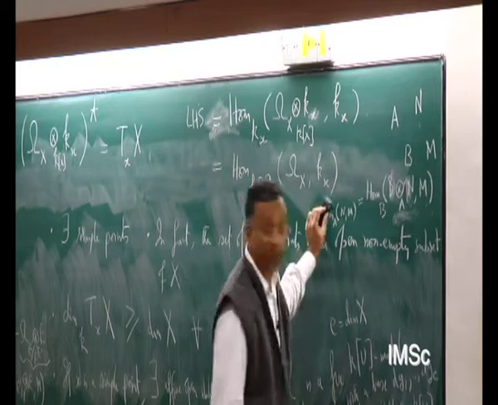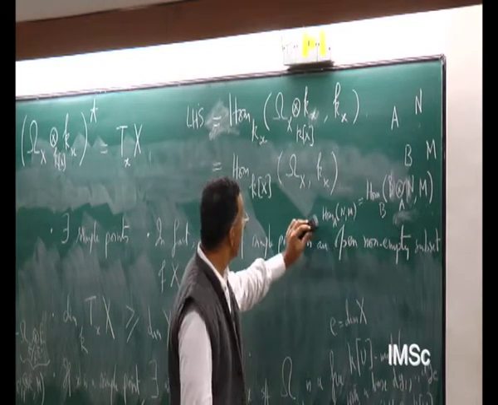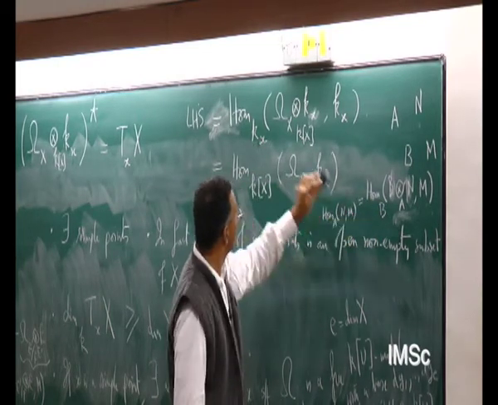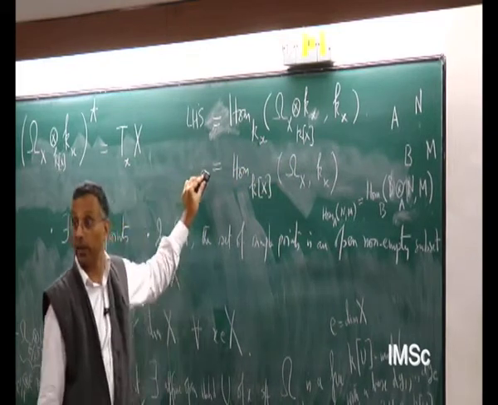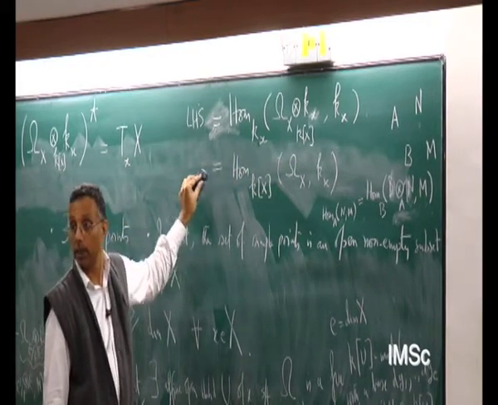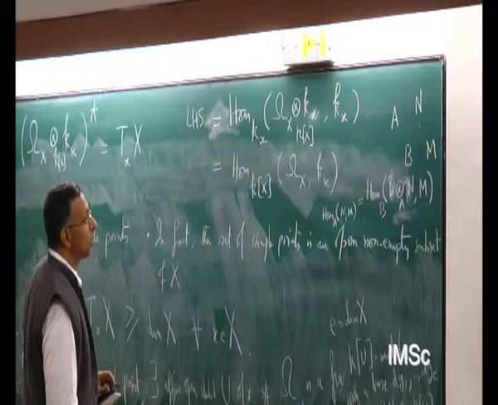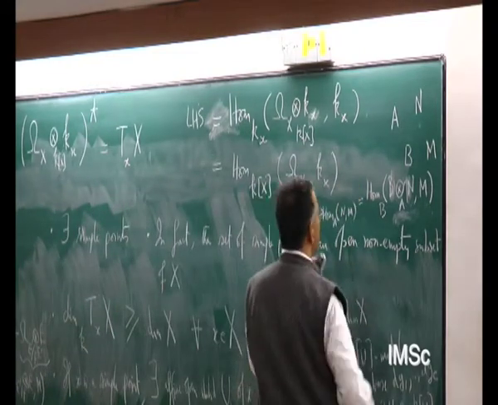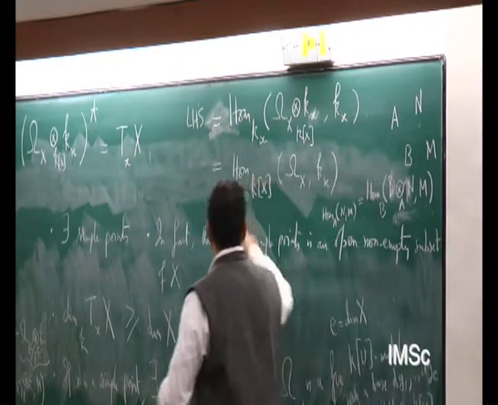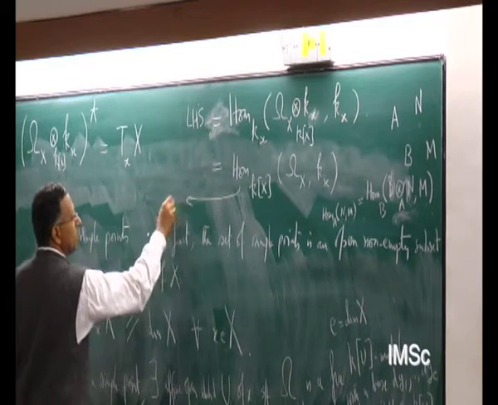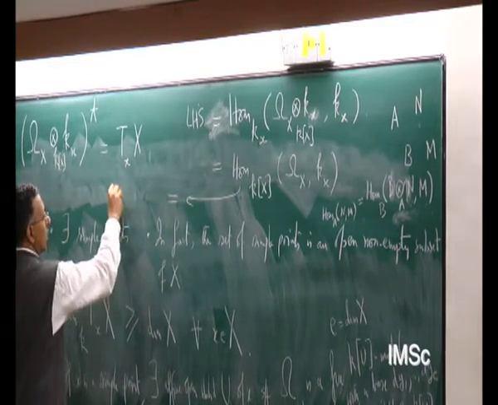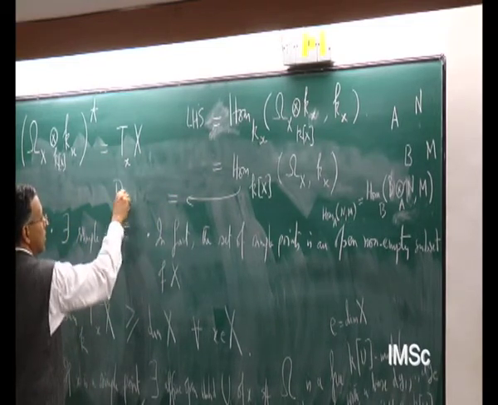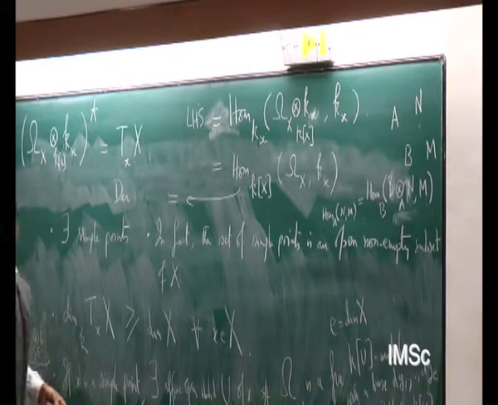Can I erase this now? This bit was used to prove this equality. I'll leave it for a minute. So this is now equal to derivations. Please tell me, what should I write?